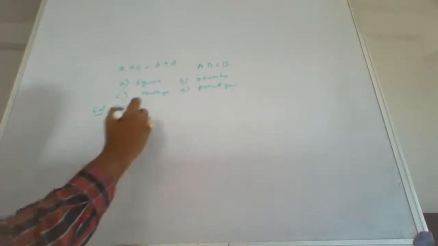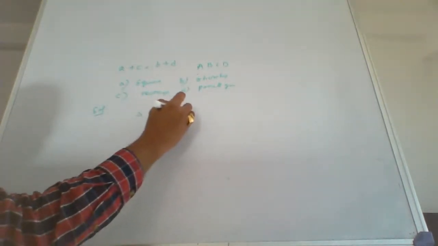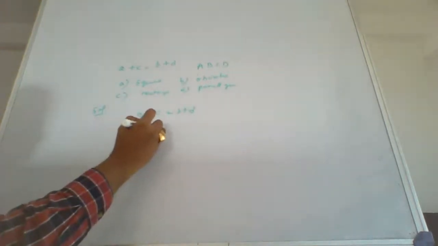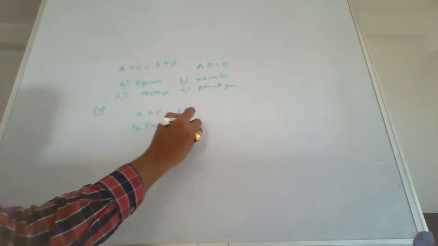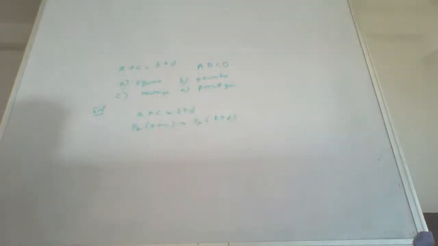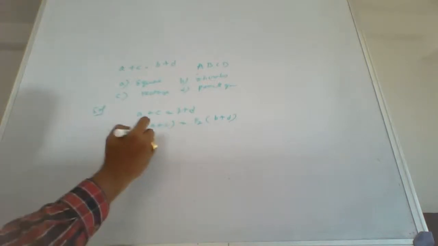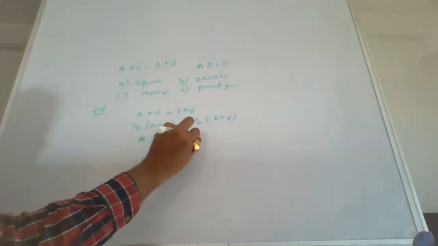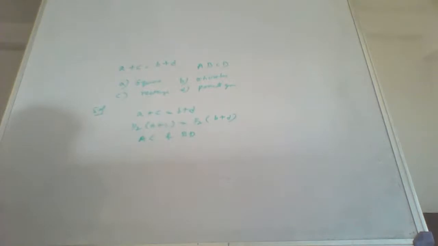Now I have been given A plus C is equal to B plus D. Now half times A plus C will be equal to half times B plus D. Here the midpoints of AC and BD coincide, where AC and BD are diagonals.